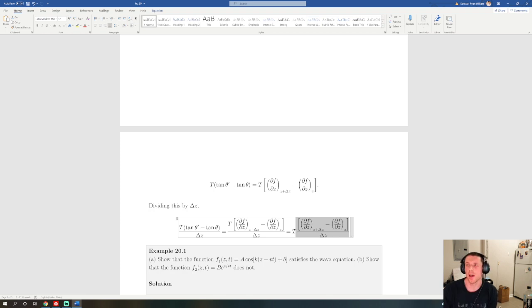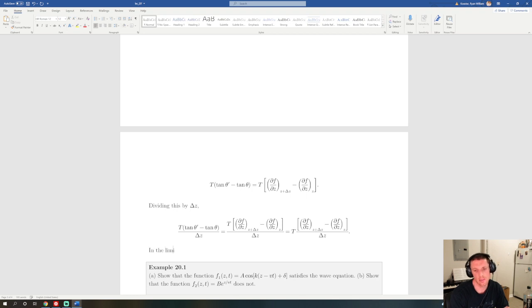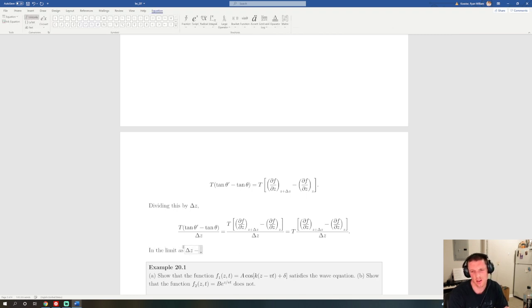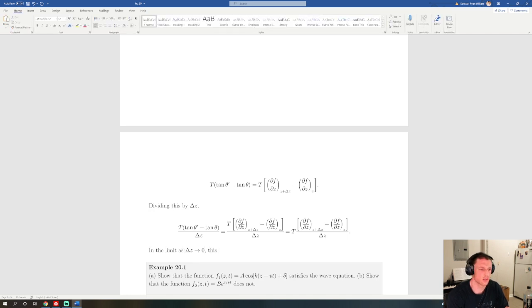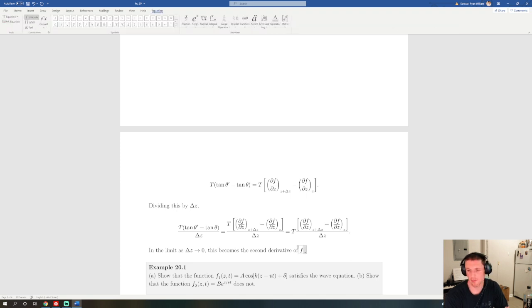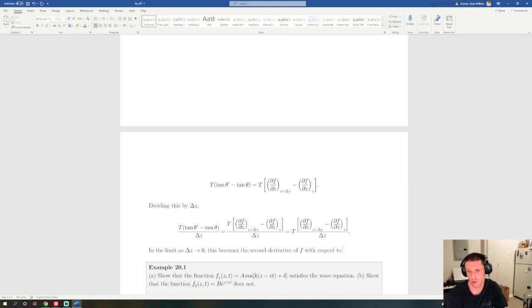And since we don't have the function itself up here in the numerator, we have the first derivative, then this is actually just the second derivative of, well, I shouldn't say, so let me say this then, okay. In the limit as delta z approaches 0, this becomes the second derivative of f with respect to z.